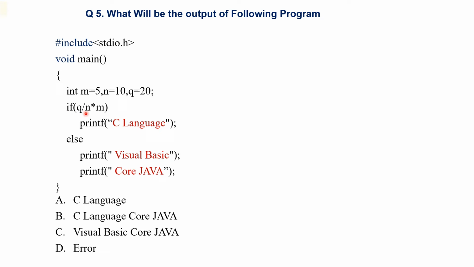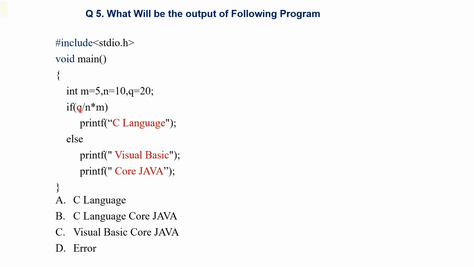So here the expression in the if statement is q / n * m. So here the value of q is 20 divided by n, that is 10, multiplied by m, that is 5. So the expression is 20 divided by 10 multiplied by 5, which will be evaluated to the value 10.